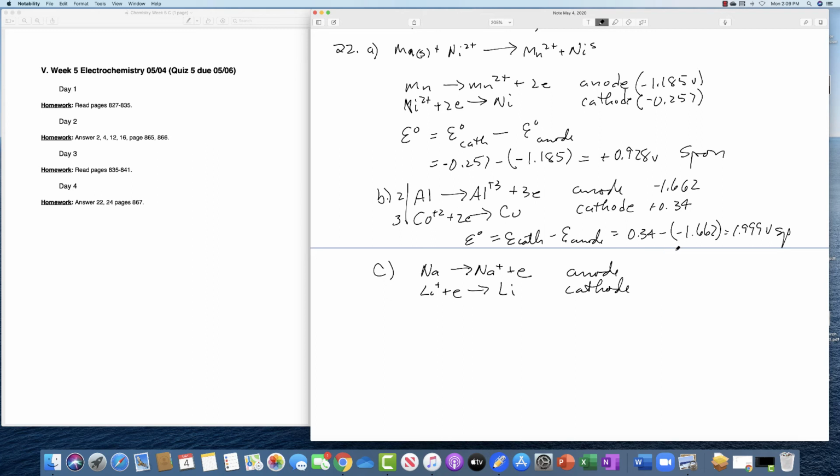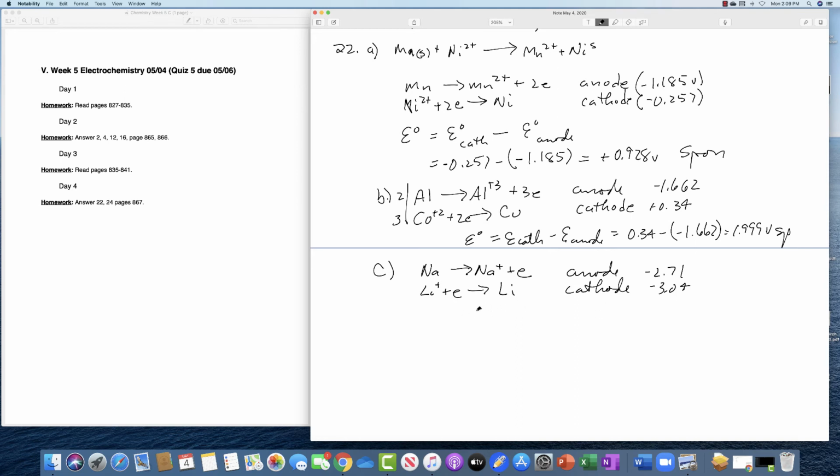And so lithium is minus 3.04, and sodium is minus 2.71. I'm getting these numbers from the appendix L in the back of the book.